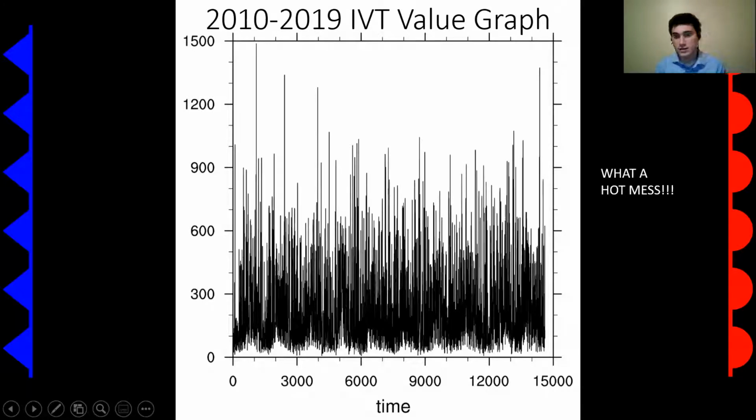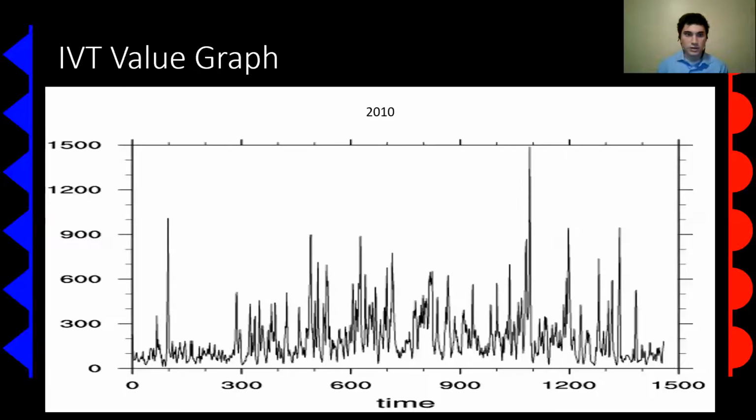This is 10 years' worth of data, and there's a lot to break into here. So looking at 1 year, it's still a little bit messy, but a little bit cleaner. I stretched it out here to see that an IVT needs a minimum of 250, but they also need a duration of at least 24 hours.